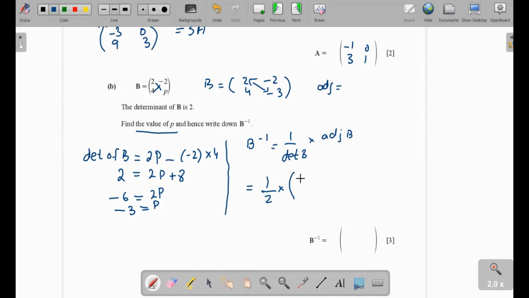The diagonal will be minus 3, 2, and change the sign of the other diagonal: plus 2 and minus 4. We multiply this: minus 3 multiply 1 over 2 is minus 1.5, very simple. 1 over 2 multiply 2 is 1, minus 1 over 2 multiply minus 4 is 2, minus 1 over 2 multiply 2 is minus 1. The answer is minus 1.5, 1, 2, minus 1.